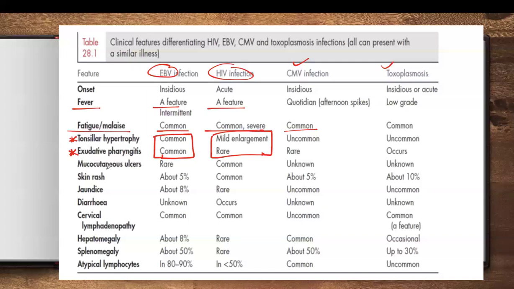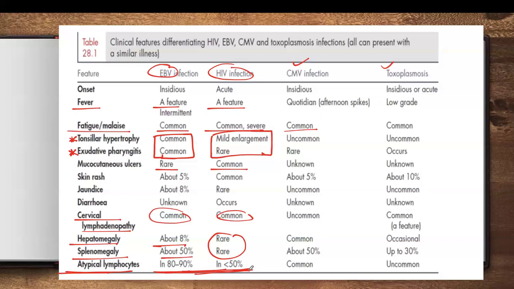Mucocutaneous ulcer, like oral ulcer, is common in HIV, rare in EBV. Cervical lymph node enlargement is common in both. Hepatomegaly, splenomegaly are common in Epstein-Barr virus, rare in HIV. Atypical lymphocytes can be there in both. So based on this, you can't actually compare.